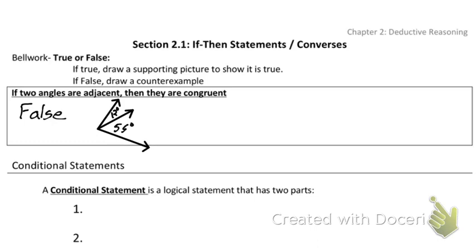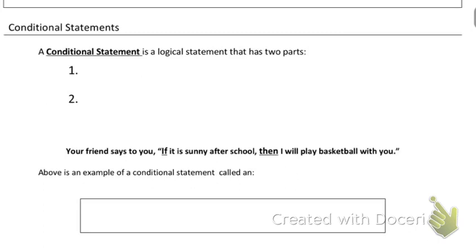All right, today we are talking about if-then statements and converses. We're going to start out calling them conditional statements, but they're the exact same thing. A conditional statement is a logical statement that has two parts.